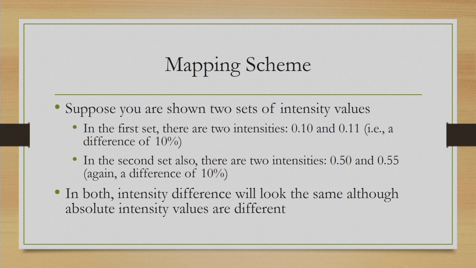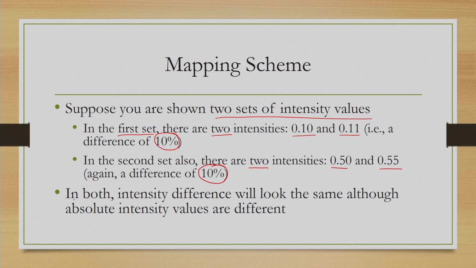Let us take one example. Suppose there are two sets of intensity values. In the first set, there are two intensities, 0.1 and 0.11. So, the difference between the two intensities is 10%. In the second set also, there are two intensities, 0.5 and 0.55. Again here the difference is 10%.